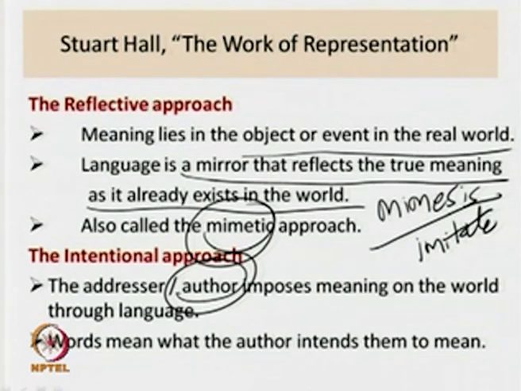This is the first time we see the filtering, the mediation. The meaning is there according to the reflective school, but the intentional approach says that you have an agent who is seeking to give you the so-called true representation.